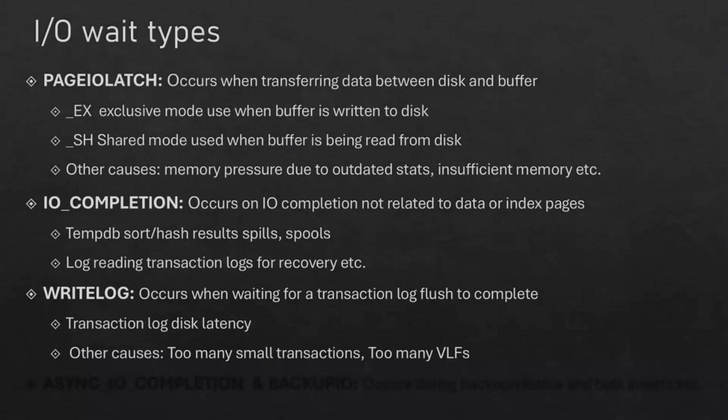Another root cause might be that in a particular stored procedure you are doing row by row operations and have set a transaction. If you are updating 10 records row by row, you'll be doing 10 commits and it will create 10 transactions. Instead, if you did a set-based operation, there would be one transaction and you could commit all the data in that. So if you're using many transactions, you tend to get this write log wait type.